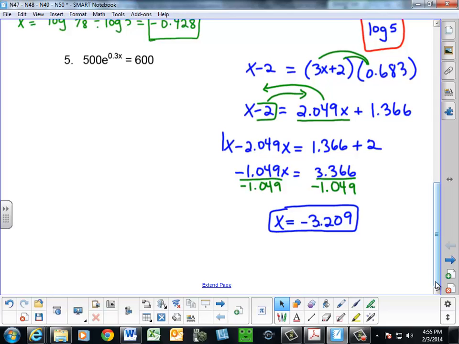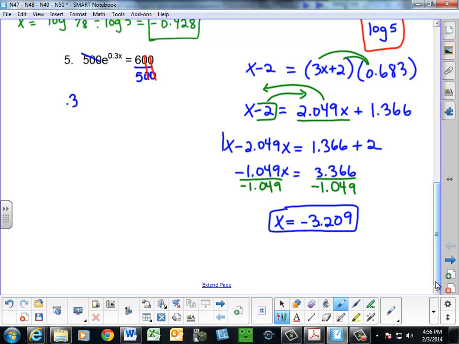The last example, number 5. If we're going to use the logarithm there, it's just like example number 3 above it, where we have to divide by 500 first. You have to isolate that variable before you can take the log on both sides.